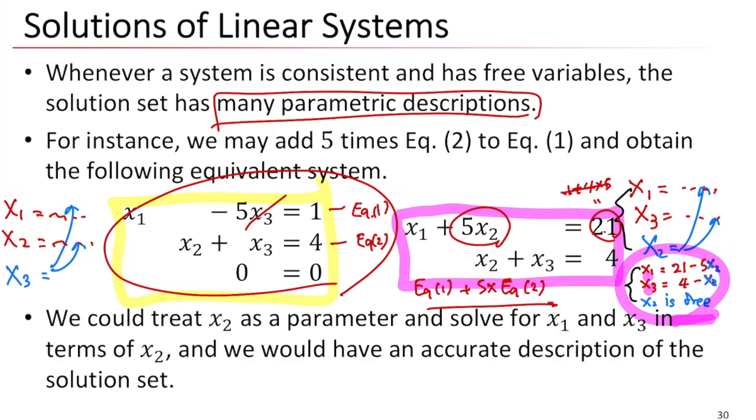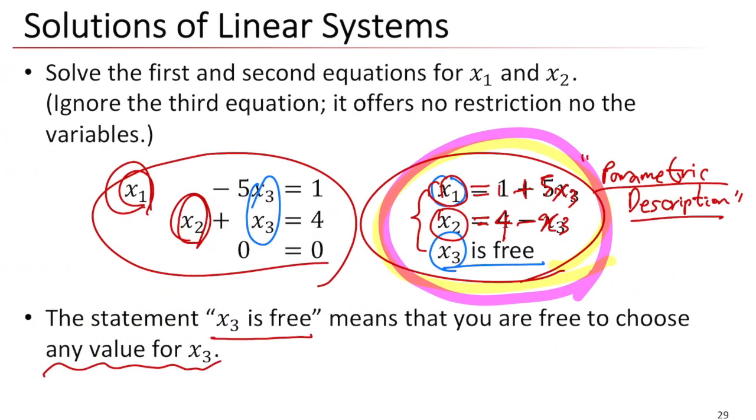We could treat x2 as a parameter and solve for x1 and x3 in terms of x2, right? So in this case, we would create a description of the solution set, right? But in general, we want to have a common rule or general rule, right?